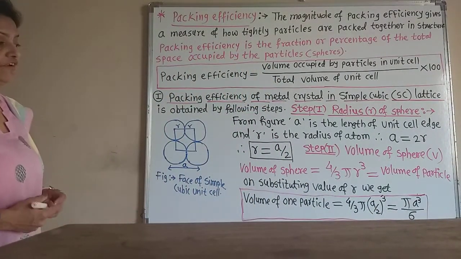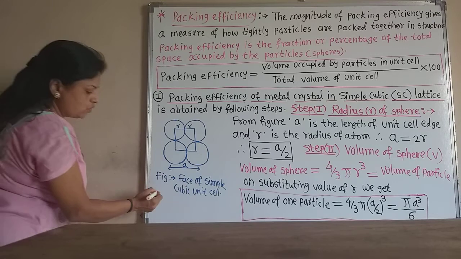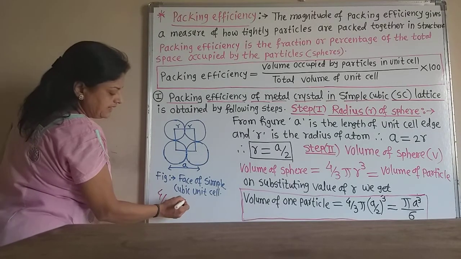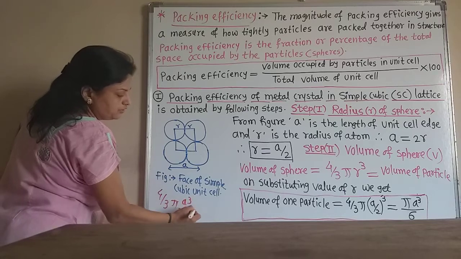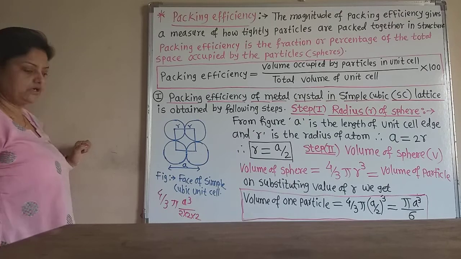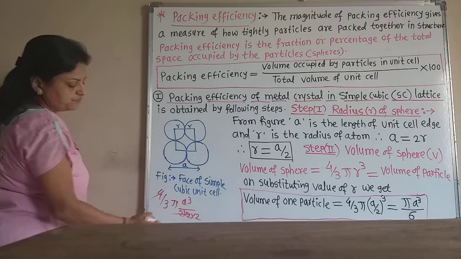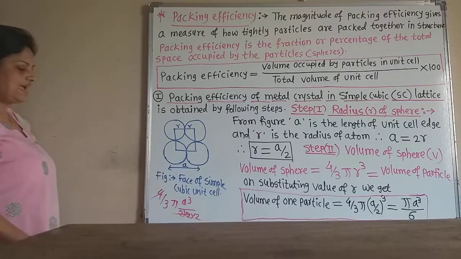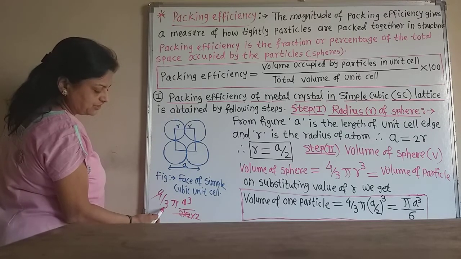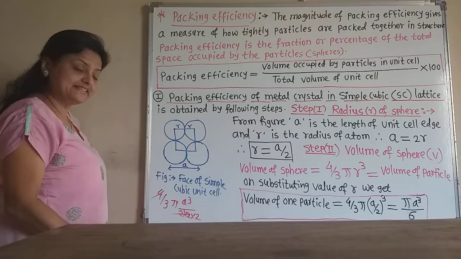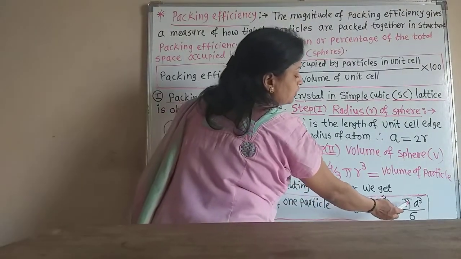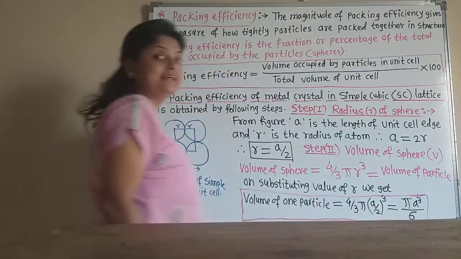So if we calculate this, 4 by 3 pi a cube divided by 2 cube, that is 2 into 2 into 2, this 4 and this 4 get cancelled, and there is pi a cube divided by 3 multiplied by 2, that is 6. So the volume of one particle is equal to pi a cube divided by 6.